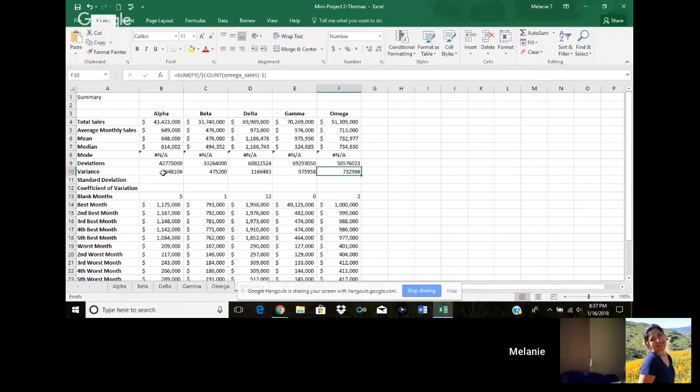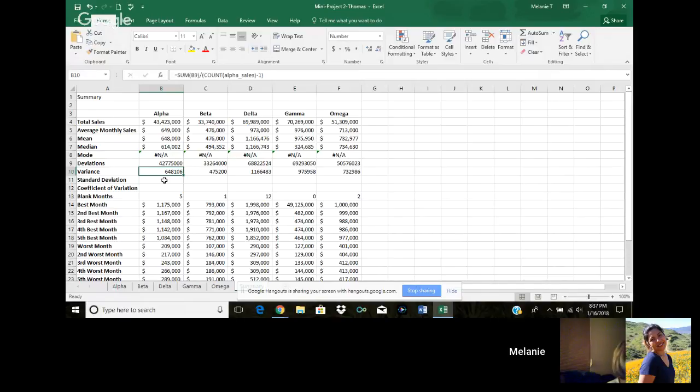So on the variance, I put the sum of the deviations divided by the count of all the sales minus 1. I don't know what I'm doing. I'm going to have to look at it closer. I apologize.